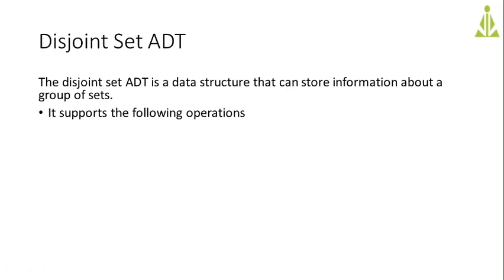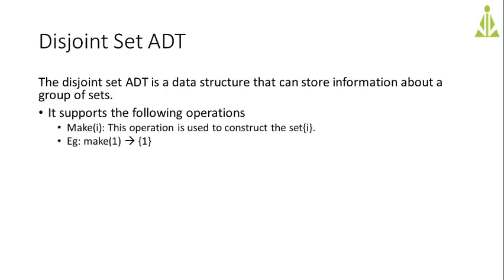It stores information about a group of sets. The first operation is make i. This operation is used to construct a set. Whenever we construct a set, like make 1, then 1 is a set. Make 2, then in the curly brackets you write 2, so that is {2}. This is an example of make.